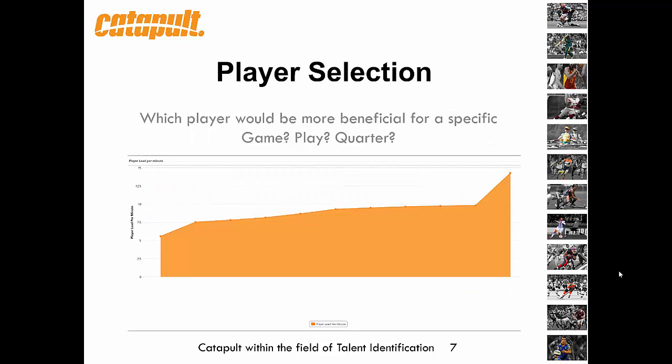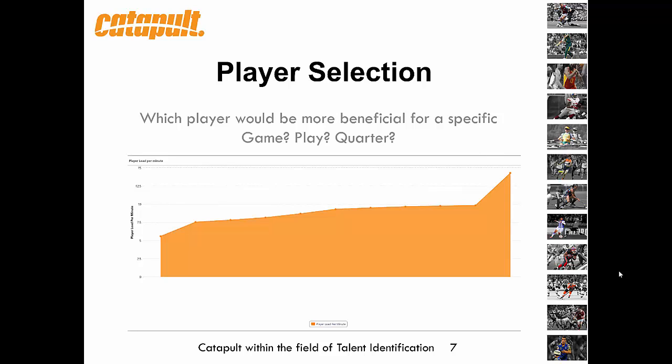So for example, looking at player selection, which player would be more beneficial for a specific game, play, or quarter? So if we're comparing defensive players or midfield players or attackers, we know that these players have to work at a certain intensity for us to create better chances in the next 5 minutes or the next 10 minutes, or else we won't be able to be successful at our objectives in the task.